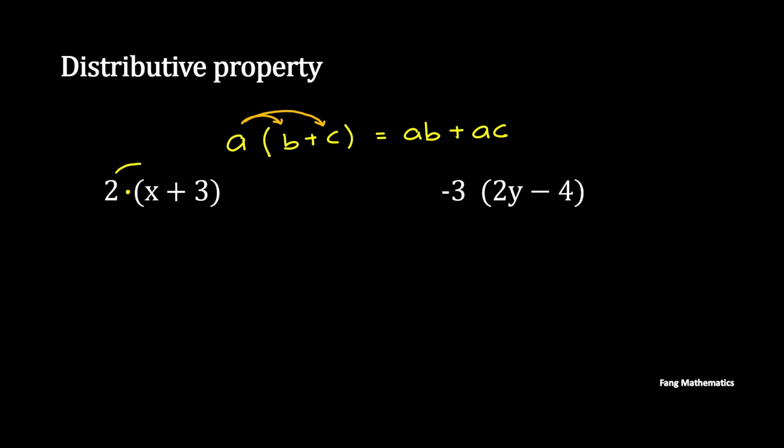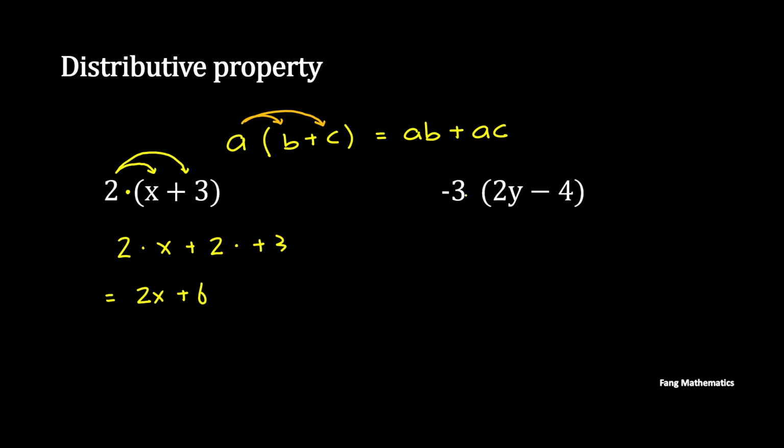So you have 2 times x, and 2 times plus 3. So I believe 2 times x gives you 2x, and 2 times plus 3 gives you 6.